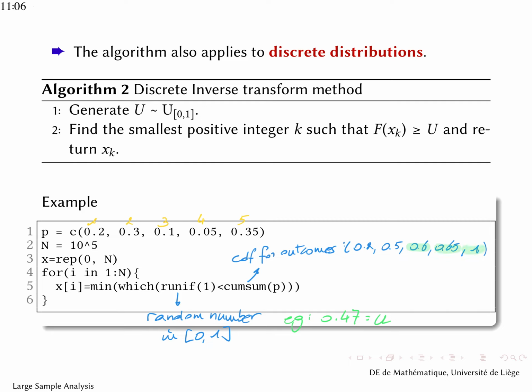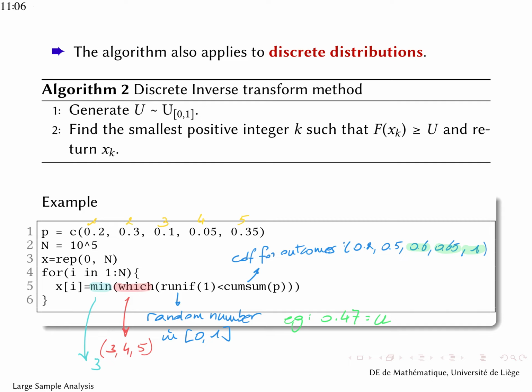So applying the function which to this comparison will return a vector 3, 4, 5 for the outcomes for which the probability is larger than the generated number. And then we know that the quantile is the smallest positive integer which is larger. So we take the minimum of this vector and we return 3. So in this specific case, the quantile, the smallest outcome for which the cumulative probability is larger than this uniform number, will be 3.